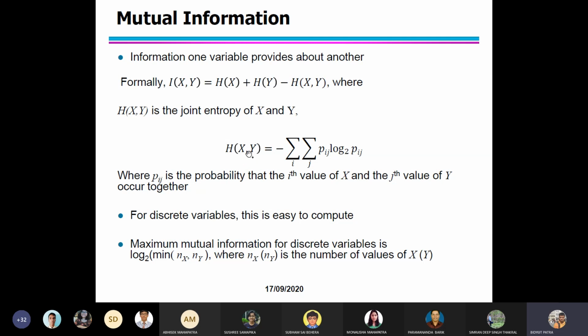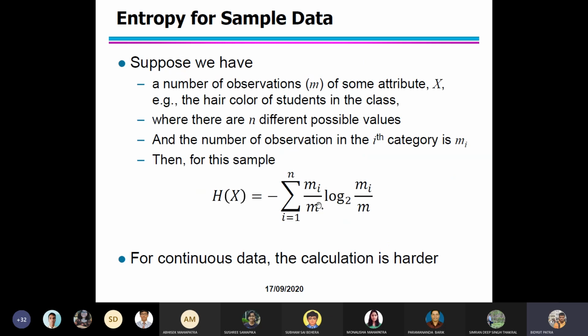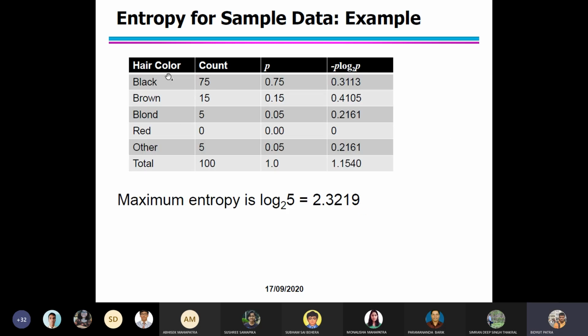Okay. So now what you do is, we'll see the Pij. What is Pij? That is a distinct value from x and a distinct value from y occurring together how many times, and you take the probability. So in the earlier formula, we have only a single value. Let's say eye color. There are 4 different types of eye color here. Okay.